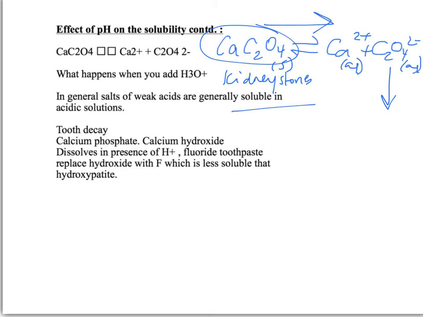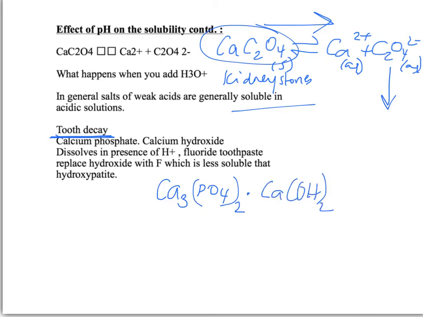Based on that idea is also tooth decay. Our enamel, as well as bones, is made up of calcium phosphate. Specifically in the enamel, it's a mineral that contains calcium phosphate as well as calcium hydroxide.